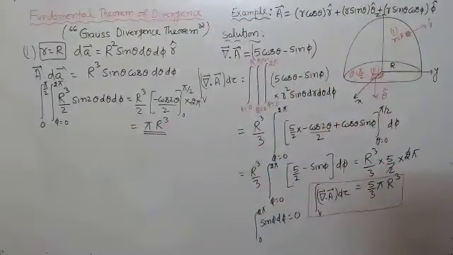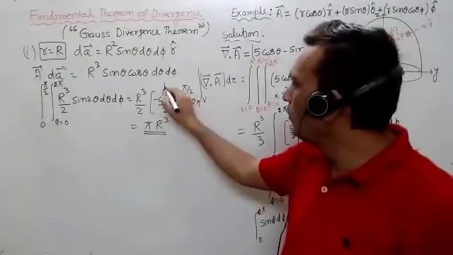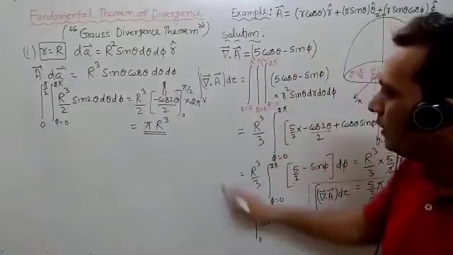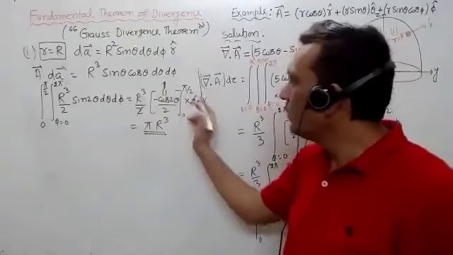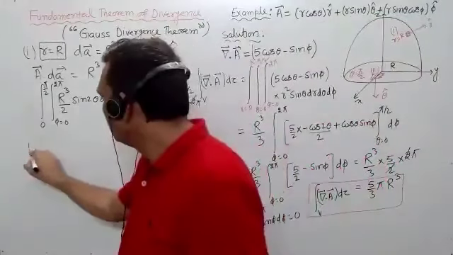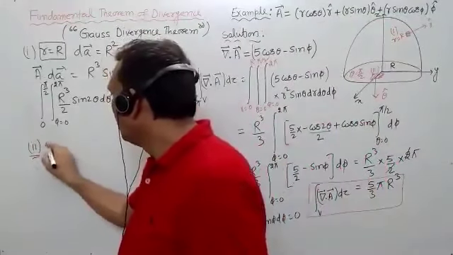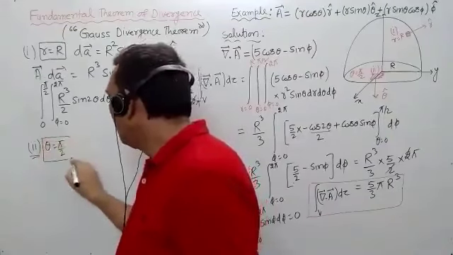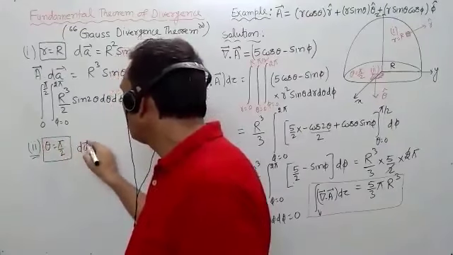Is it clear? This value will be 1. You can easily calculate. 2 will cancel out. So this is pi r cube. Now surface 2, the theta equal to pi by 2 plane. What is dA on this surface?